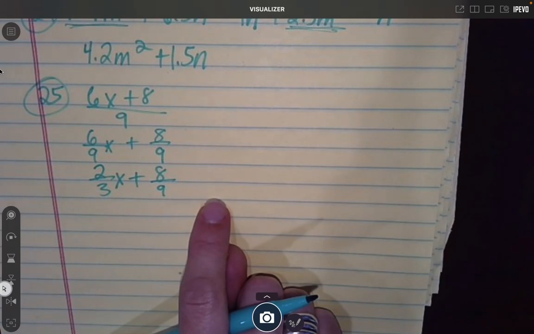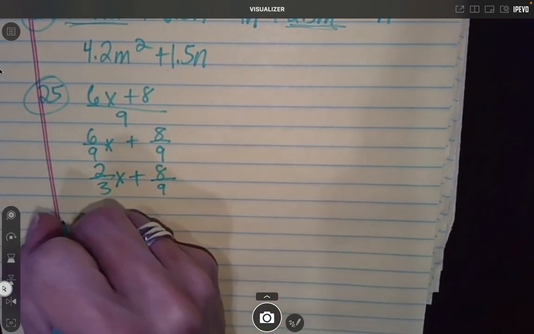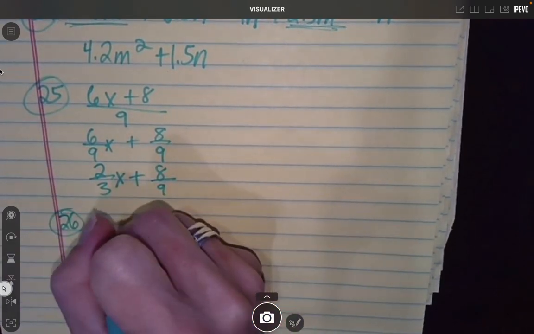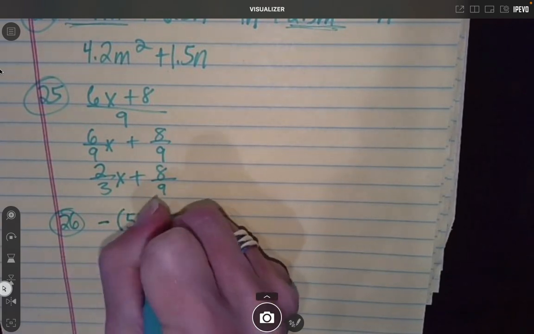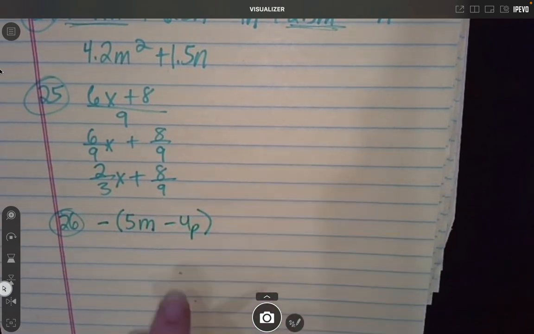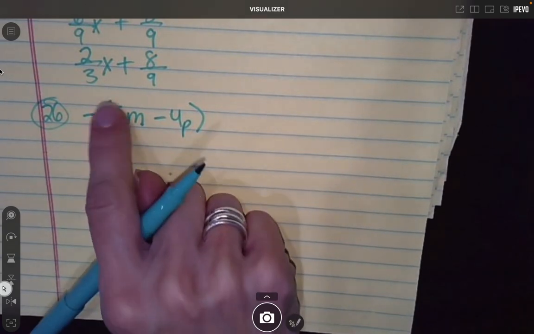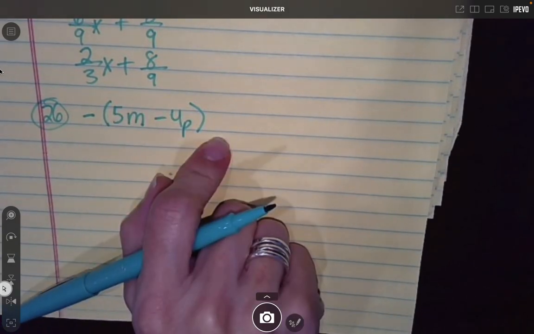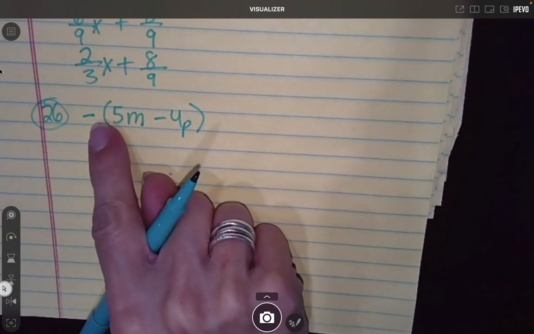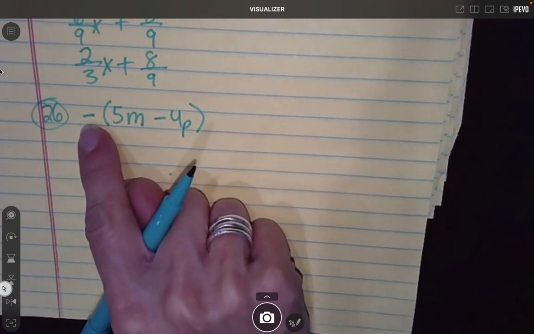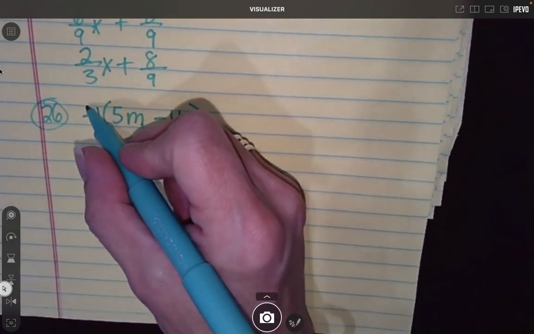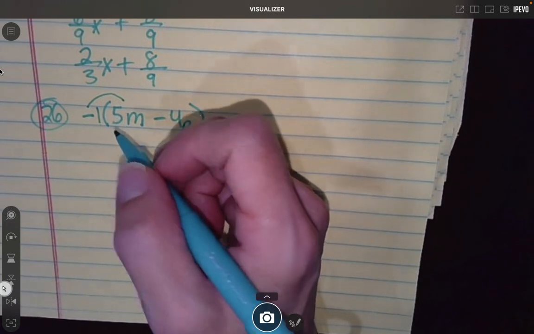Okay, the next one, number 26. Negative, and then we've got 5m minus 4p. One way to think about it is this negative sign out here is changing everything in parentheses to the opposite. So if I distribute the negative, or think of it as a negative 1 if you want to, what's negative 1 times 5m?